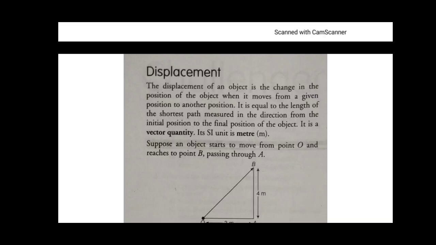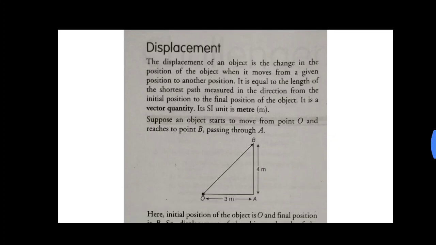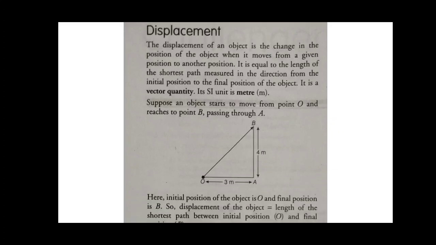So the distance is, I am traveling from my house to the school. The total path will be considered as the distance. Now if I say that I have traveled 10 kilometers to the left from my house to reach the school, it will be the displacement. क्योंकि इसमें पाथ के साथ डायरेक्शन भी आ गया, लेफ्ट साइड में मुझे मूव करना है, सो इट विल बी डिस्प्लेसमेंट. नाउ अगेन द SI यूनिट ऑफ displacement is also meter.